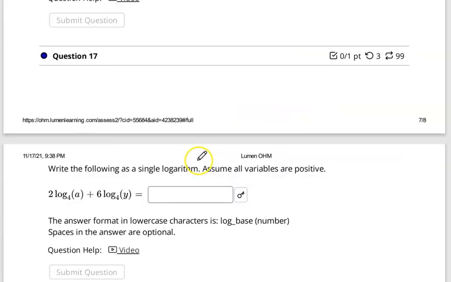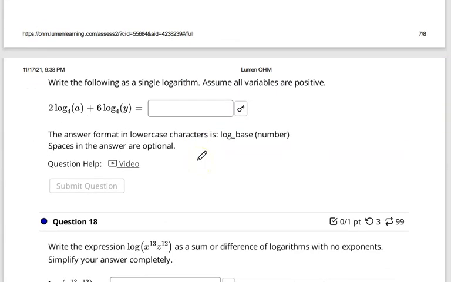Another little more complicated problem. It's combining, adding logs, but before we add them, we recognize when you're multiplying a log, that's the same as the log base 4 of a to that power. So let's put that first one into exponent form first. 2 log 4 a is equal to log base 4 of a squared.